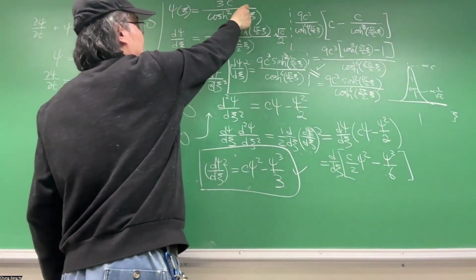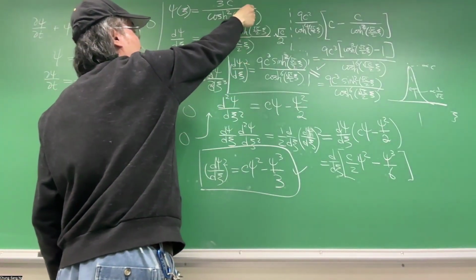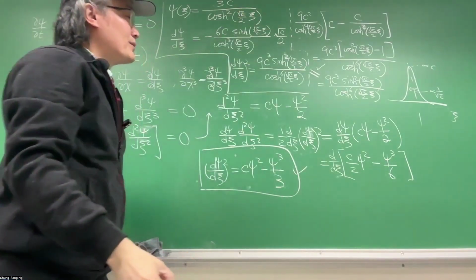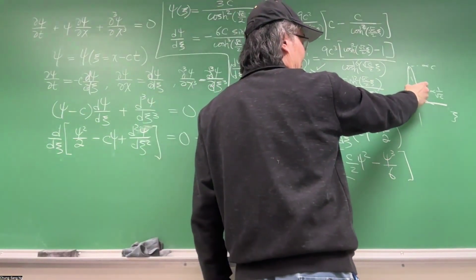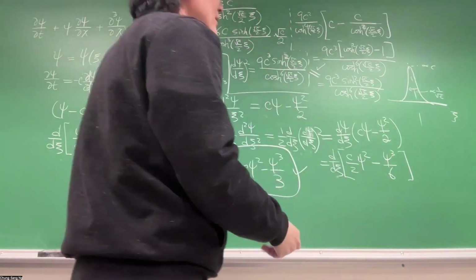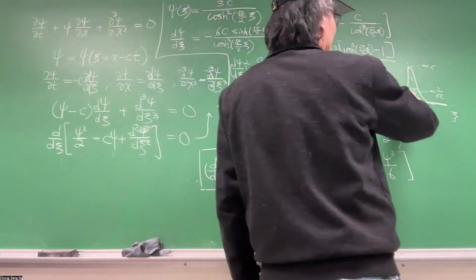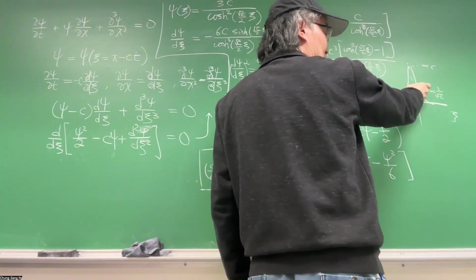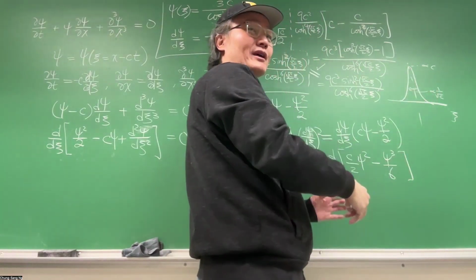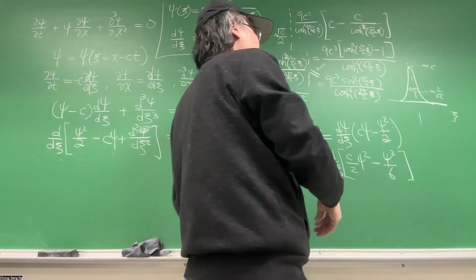So this basically is like the wavelength, inverse of the wavelength, the wave number. So that's how wide this is. So the larger the amplitude, the narrower is the pulse. So that's kind of a property of your soliton.